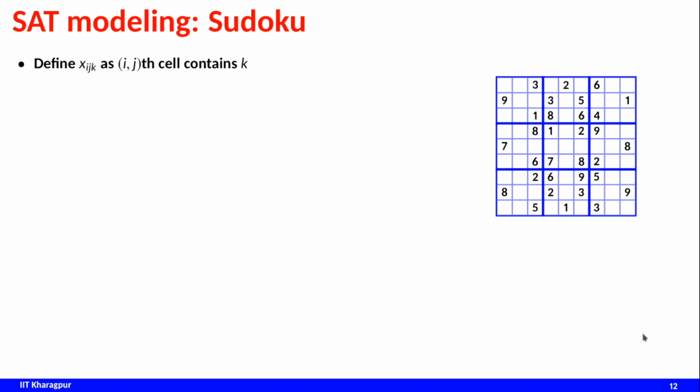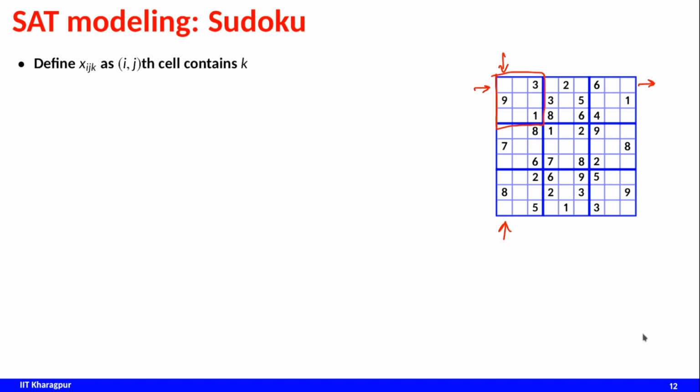And for the Sudoku problem, you know that all the digits 1 to 9 will be placed on the 9 by 9 square, and in each row all the digits will be present, and in each column all the digits from 1 to 9 will be present. So that is the constraint. Now we would like to write all those constraints in SAT.